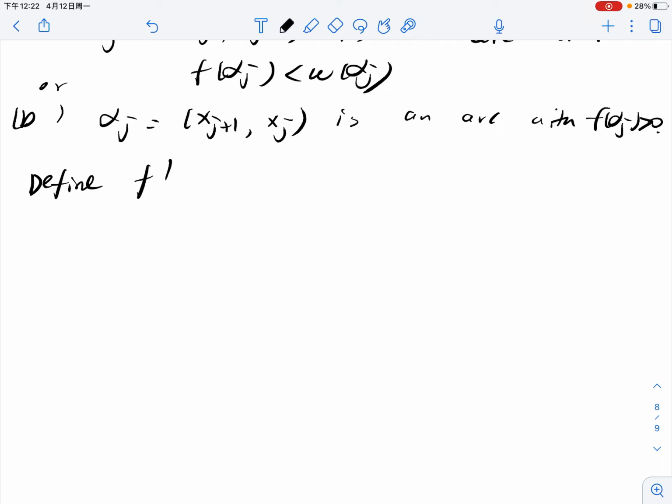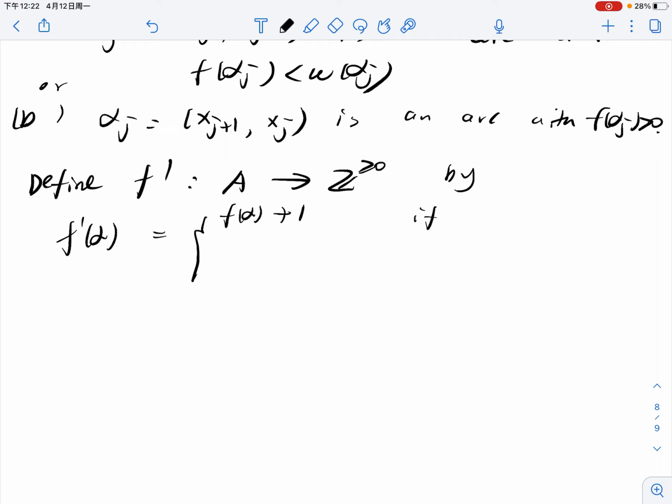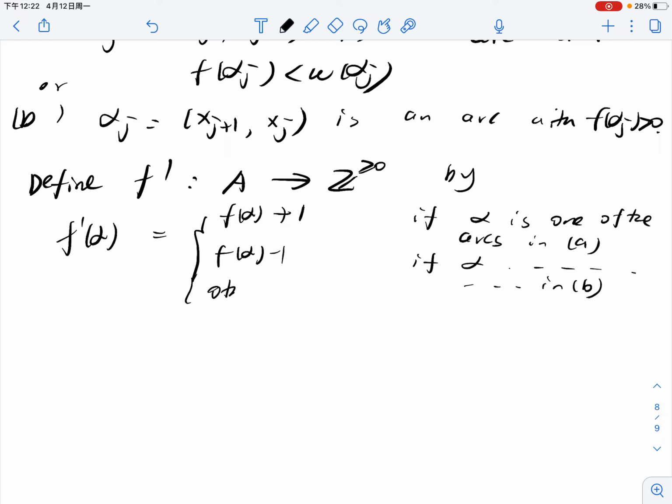So define f prime to be an integer valued flow by the following formula: f of alpha plus 1 if alpha is one of the arcs in A, f of alpha minus 1 if alpha is one of the arcs in B, and f of alpha otherwise.